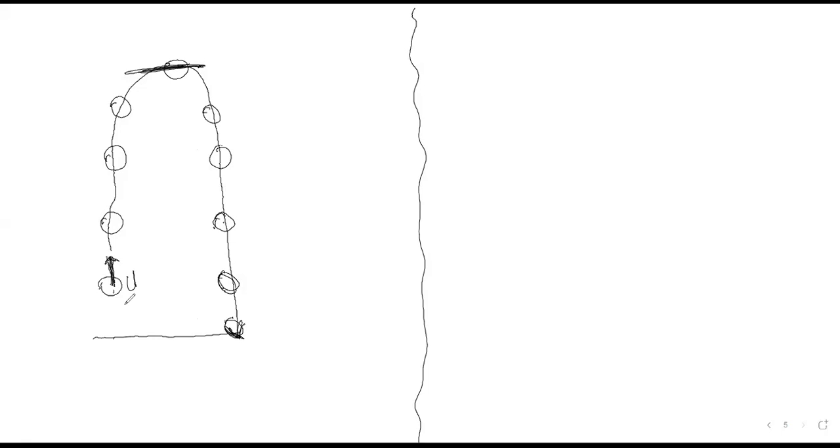The maximum height the object traveled is this vertical height. So h maximum.